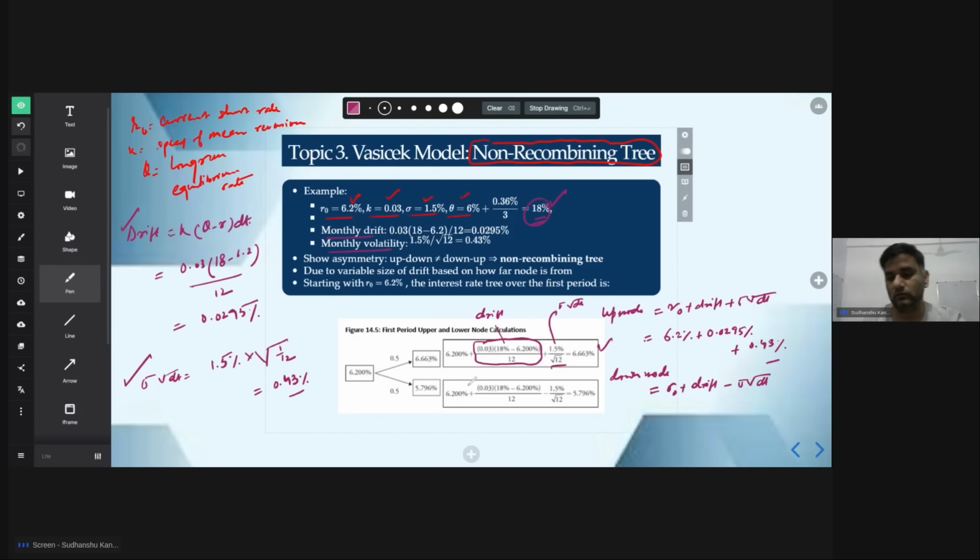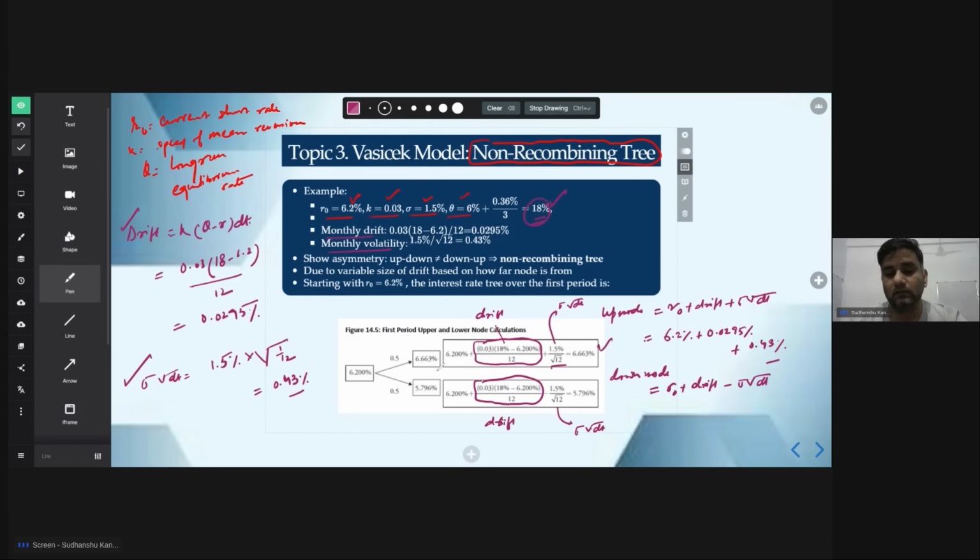Again, this is your drift and this is your sigma root dt. The only difference between the up node and down node is the plus and minus sign.